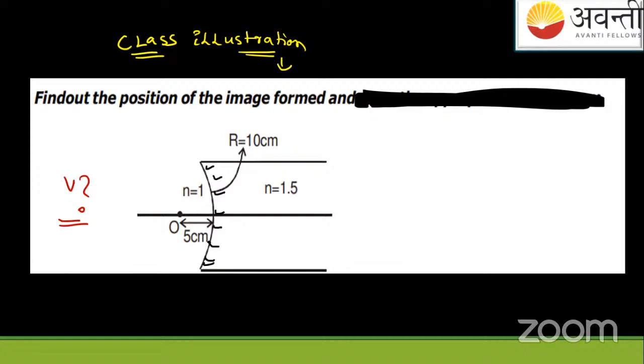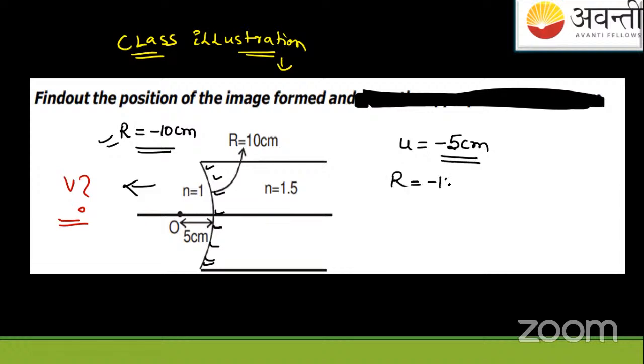It shows you that the center of this refracting surface will be somewhere in this direction. So we'll give the sign as what? Now we'll take this R as minus 10 centimeters. And if you see the object distance, you will take here minus 5 centimeters. The radius of curvature as minus 10 centimeters.